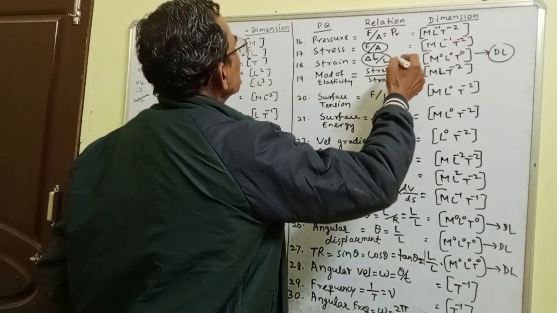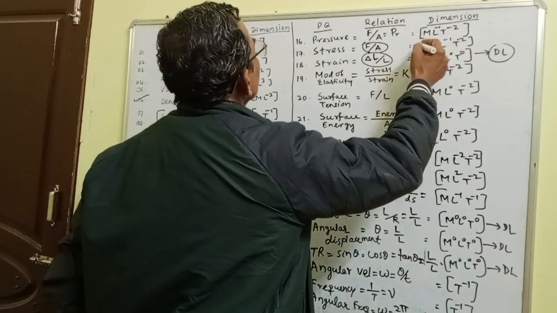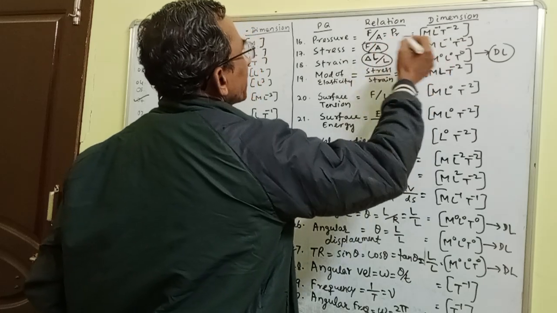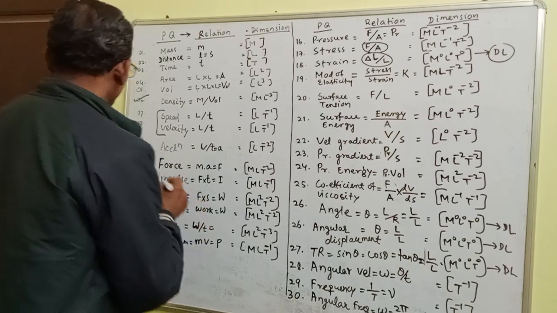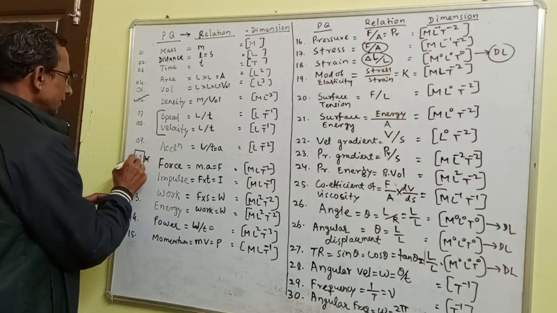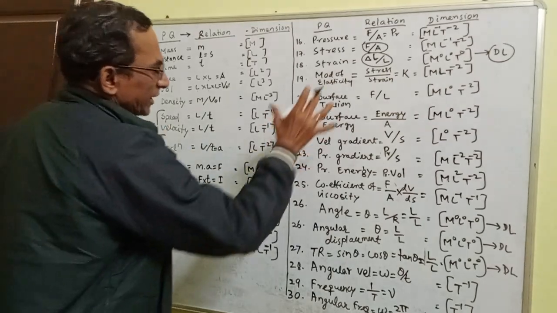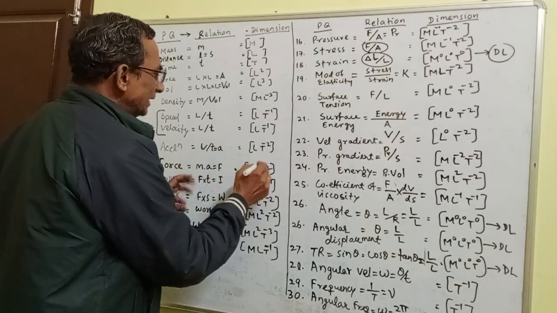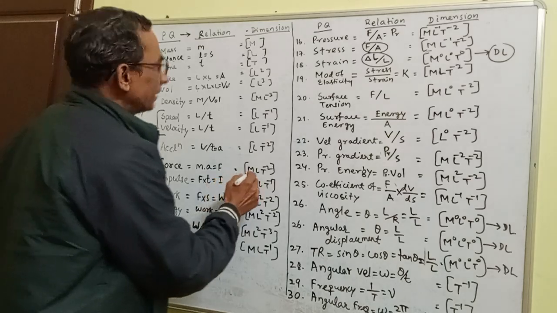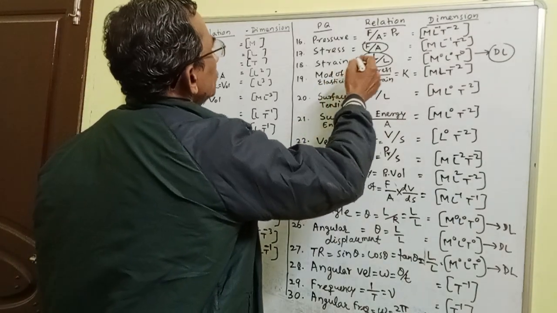For stress is force per area. Force is सबसे इम्पोर्टेंट है कि फोर्स को याद रखना है और ऑटोमेटिकली बहुत सारे क्वांटिटीज जो है it is related to force. तो फोर्स is MLT minus 2.